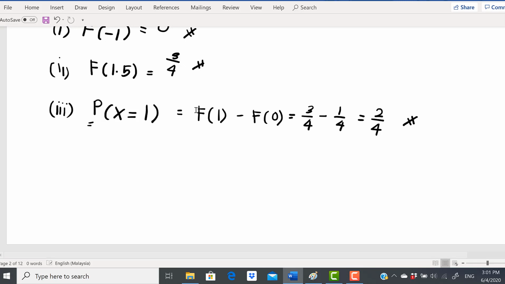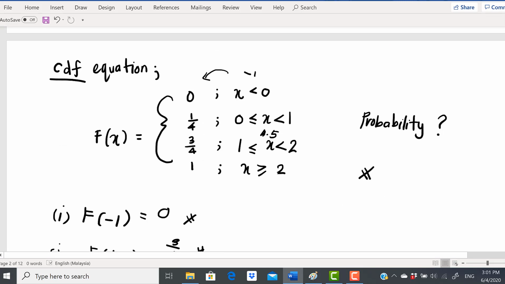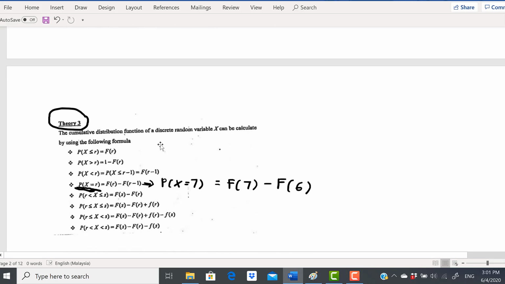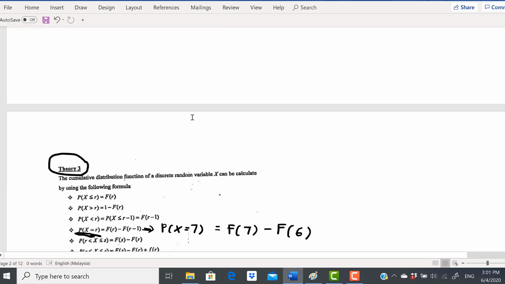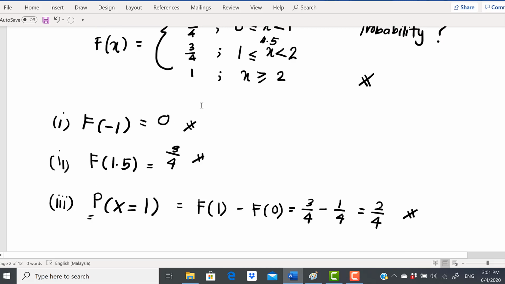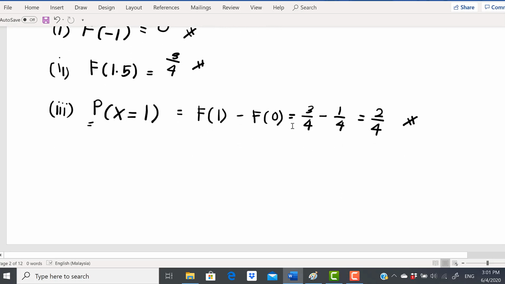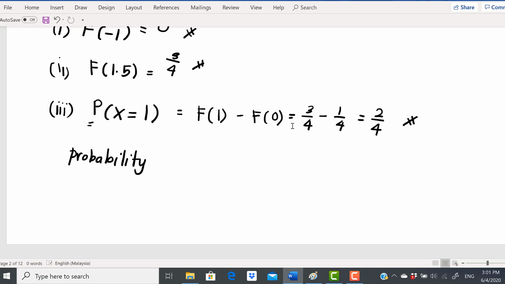So I repeat, to calculate the probability from the CDF equation, you must use the theory tree. Or the second method is by using the PDF. That means we calculate the probability from the PDF. From this example, probability x equal to 1.